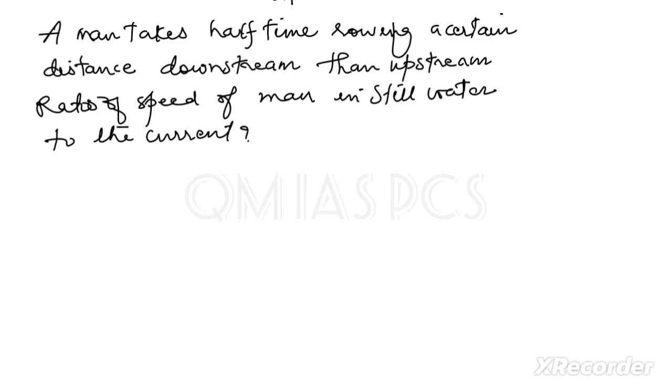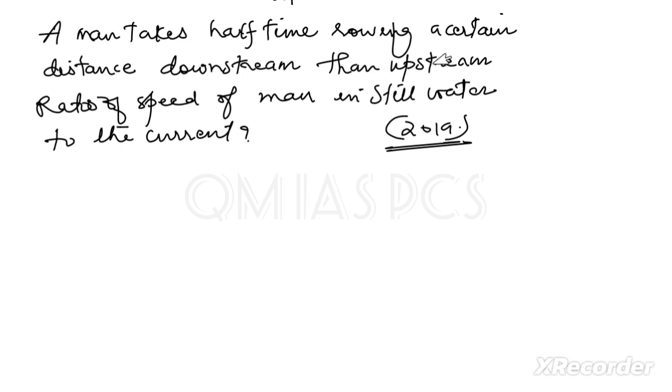Okay, this question is from UPSC 2019, and we have already discussed this question in detail in the session. I think we discussed it in two methods. Right now we will discuss it in a simple method. The question is: a man takes half the time rowing a certain distance downstream than upstream.